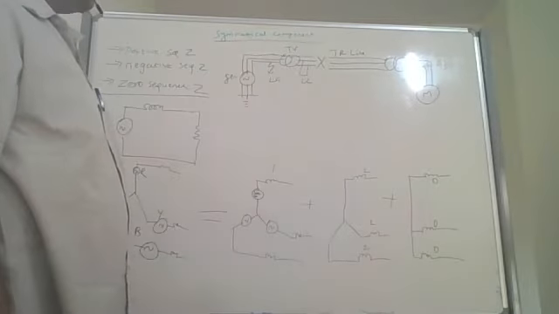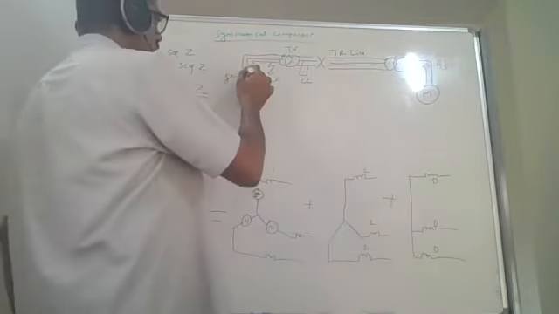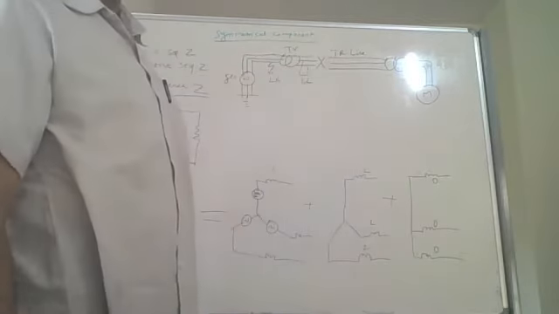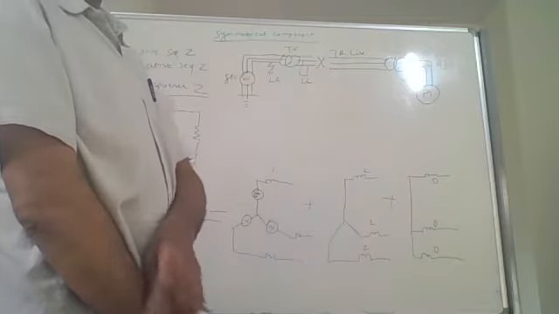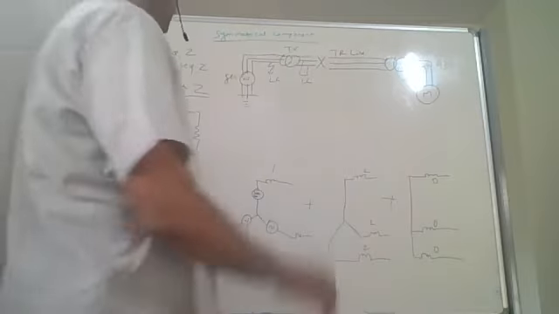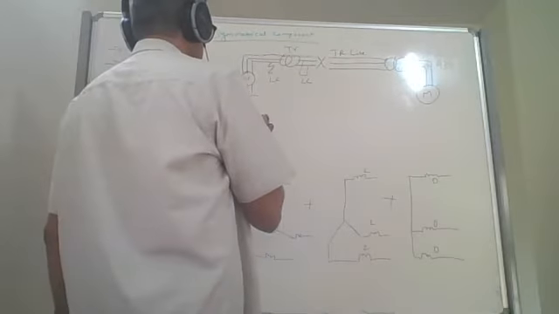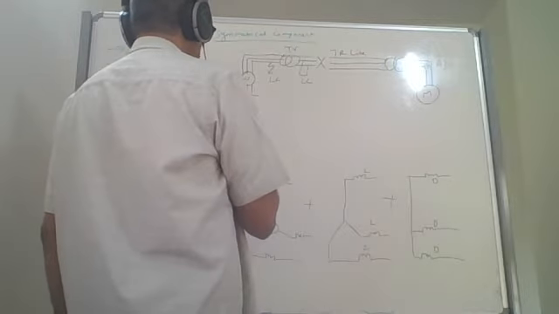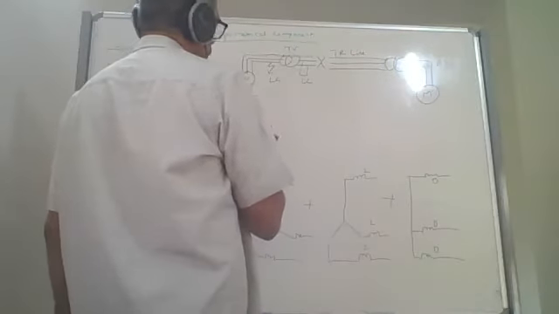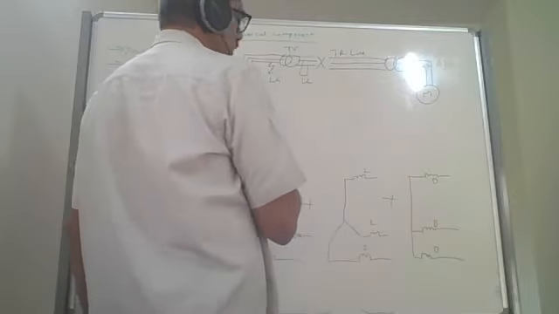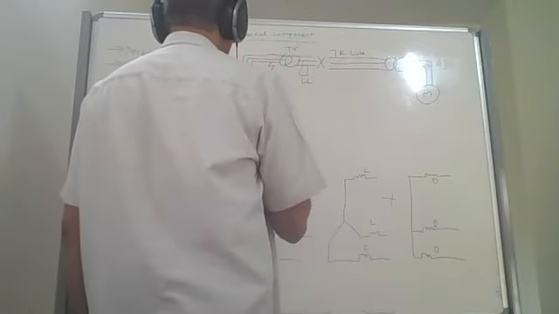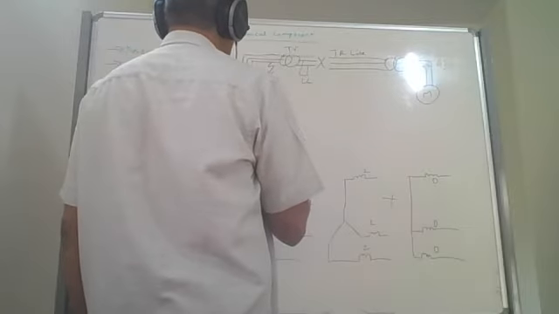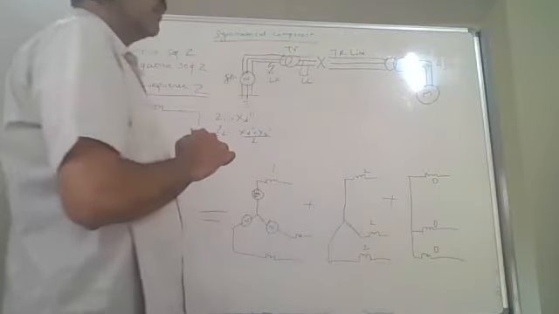Now for a generator, normally the zero, positive and negative sequence impedances are given by the vendor. If the vendor has not given, you can make some assumption. For generator, you can take Z1 as Xd double dash. And Z2 is very approximately Xd double dash only, or it is Xd dash plus Xq dash by 2, something like this.